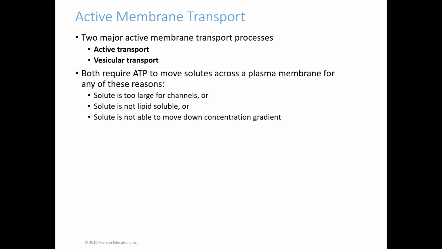It requires us to pump against the concentration gradient. We know in diffusion, things move from the high concentration to the low concentration. It doesn't matter what it is. Things will passively move freely from levels of high concentration to low concentration.